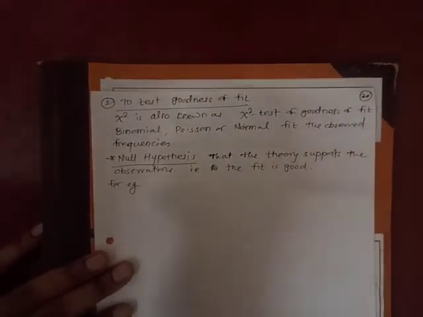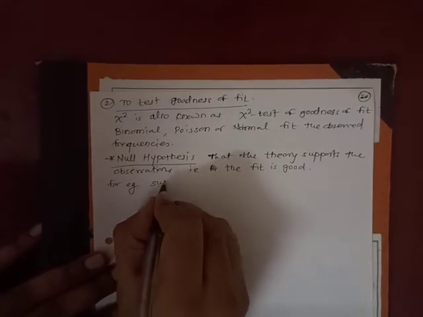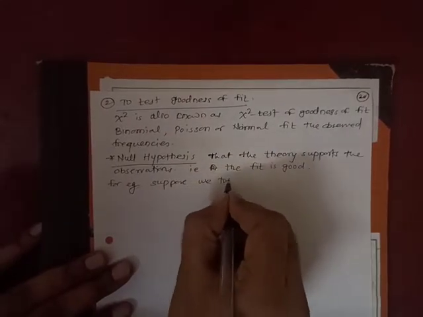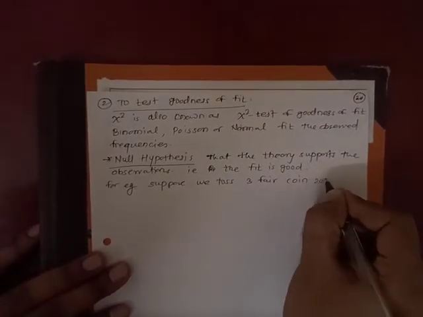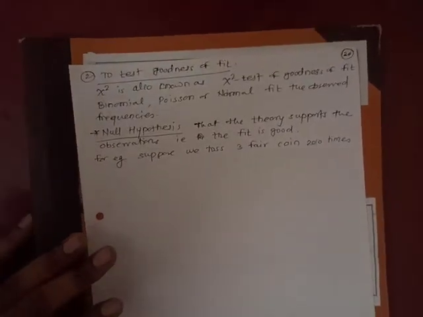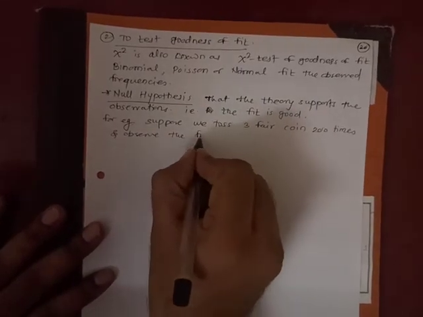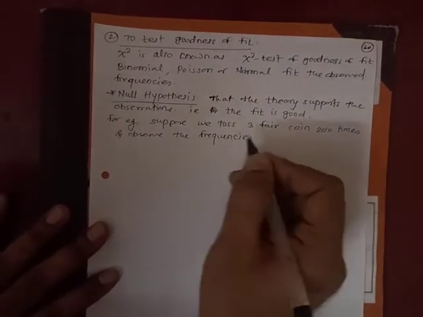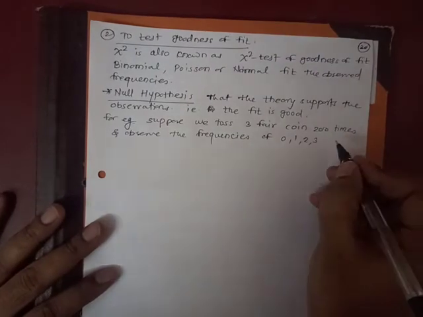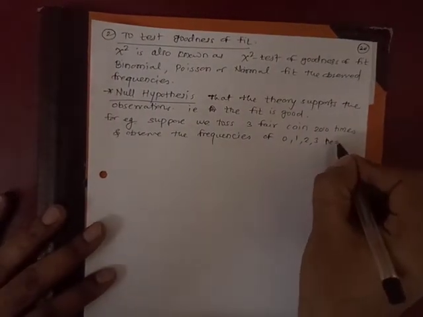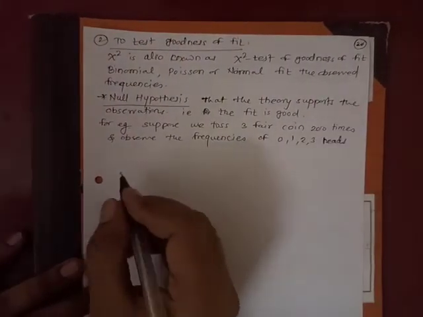If the calculated value, again it will be the same here, this will be used if we suppose we tossed 3 fair coins 200 times and observe the frequencies of 0, 1, 2, 3 heads, right?